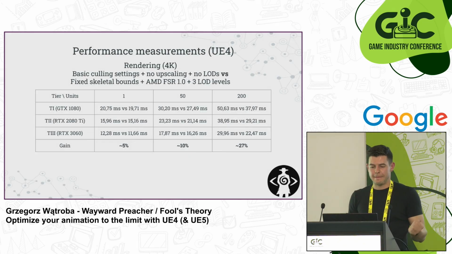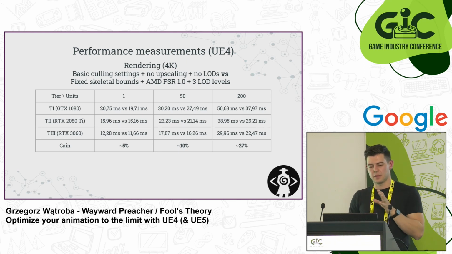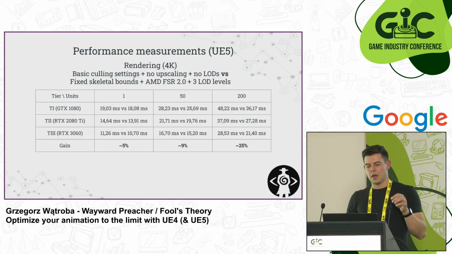If we measure performance here, we can see a gain of around 27% at the biggest scale for Unreal Engine 4 when we used the first FSR, and when we used FSR 2.0 on Unreal Engine 5, we have 25%.